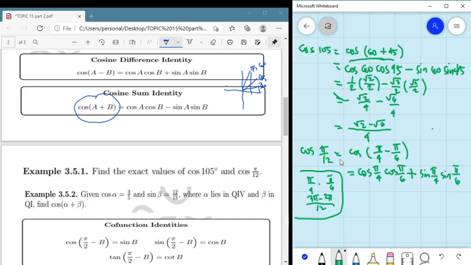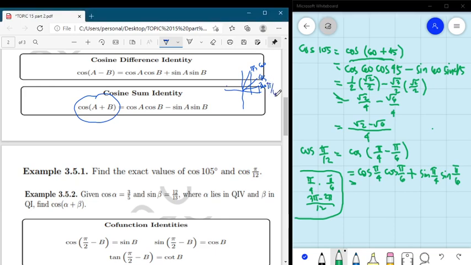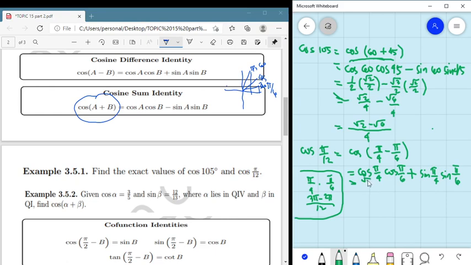Again, using our circle, pi over 6 is 30 degrees. So cosine of pi over 4 is square root of 2 over 2. Then cosine of pi over 6, the longer leg, is square root of 3 over 2. Then plus, sine of pi over 4 is square root of 2 over 2. Then sine of pi over 6 is 1/2.